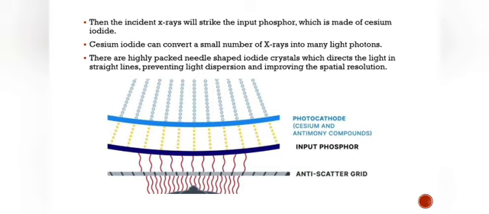There are highly packed needle-shaped cesium iodide crystals which direct the light in straight lines. It helps the light to travel in the correct direction, preventing light dispersion and improving the spatial resolution, which means it gives great results with minute details.